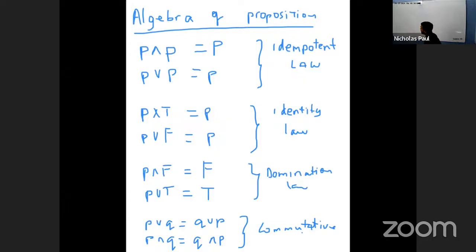And then we go down and try them. I tried to show you last week how to come up with some of them, like P and true, or P or false, giving P. I showed you, if you remember your truth table, how to come up with that.